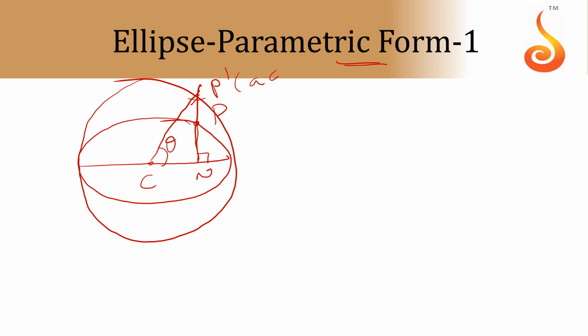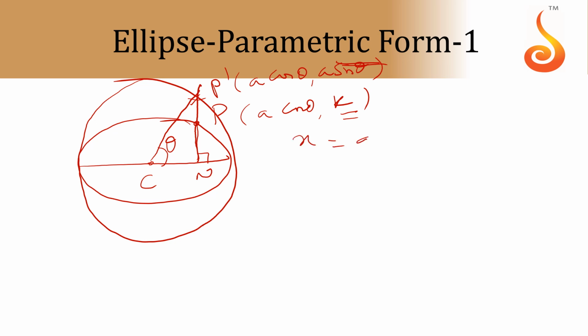Then P dash will be a cos theta comma a sin theta, because the auxiliary circle is x square plus y square equals a square. Then P will be a cos theta comma some k. If we substitute in the equation of the ellipse, you will get k equal to plus or minus b sin theta. We take plus, because minus will be in the opposite quadrant.